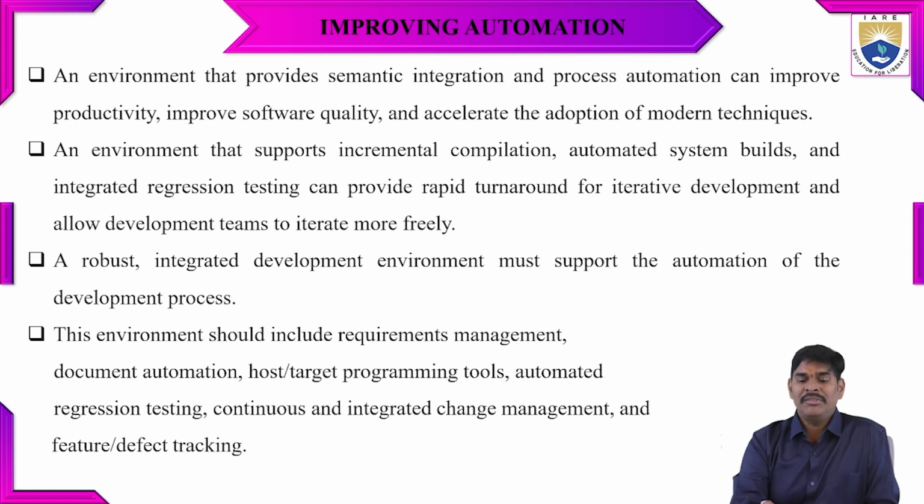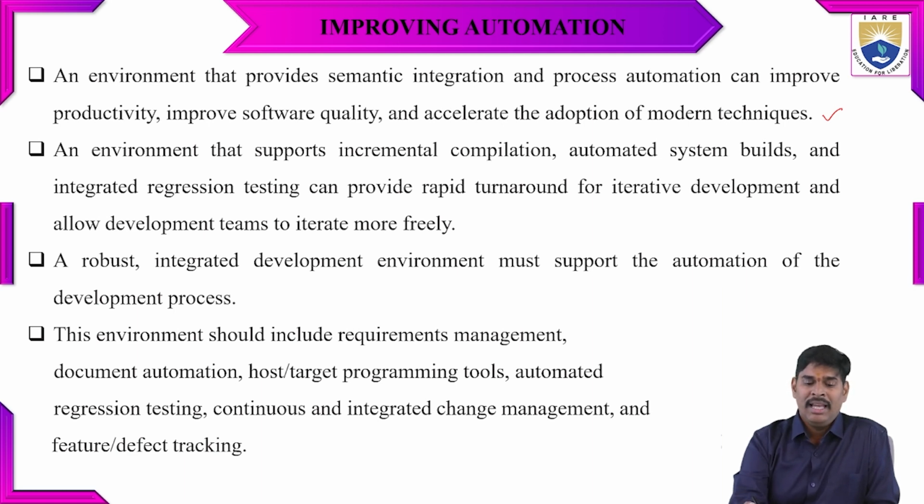Okay, so when you are considering this environment, we have seamless integration and process automation. It will improve the productivity and also the quality, and adapt to modern techniques. That's why automation will be very helpful to improve the productivity and the quality.